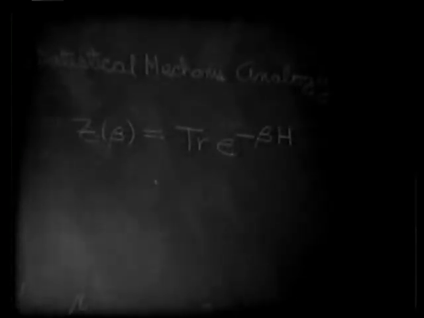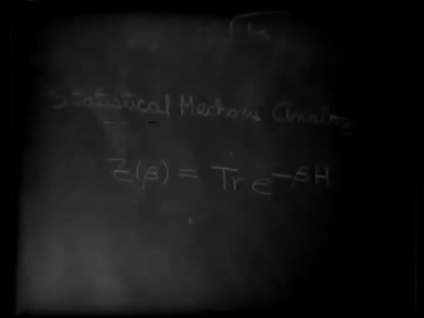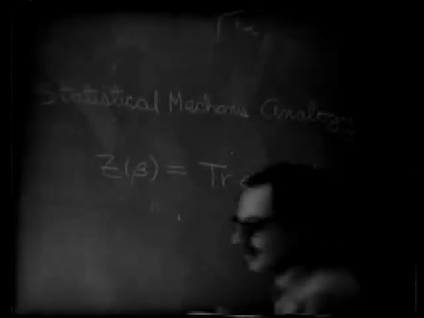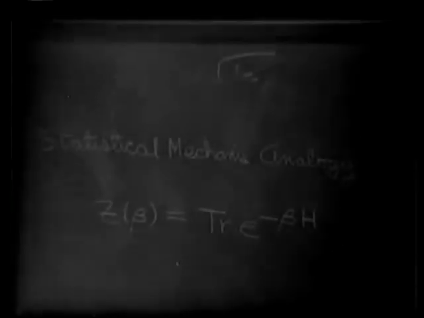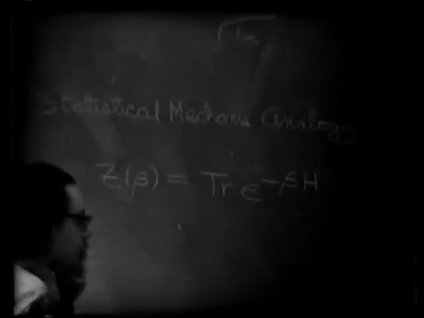The partition function is the trace of e to the minus beta H, the trace over the entire Hilbert space. It's a nice thing to calculate, but it is not particularly what you're interested in.